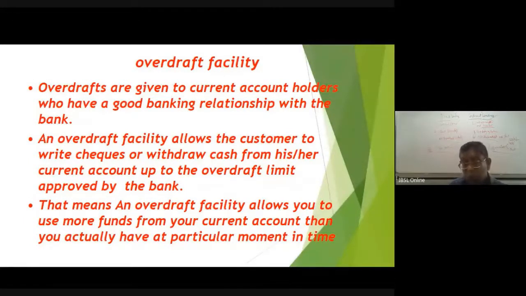So overdraft facility can be used to finance your business's working capital requirements or any other urgent financial needs. Now you know the purposes of overdraft.